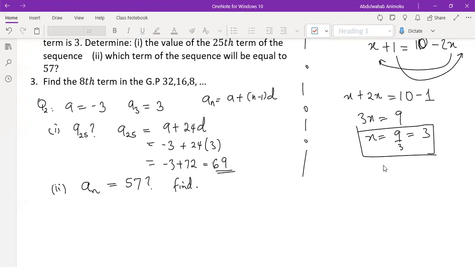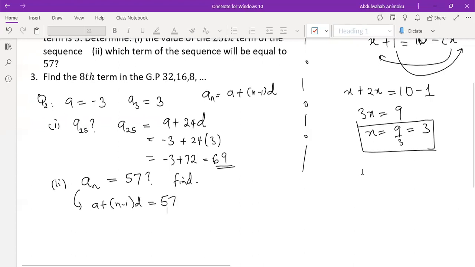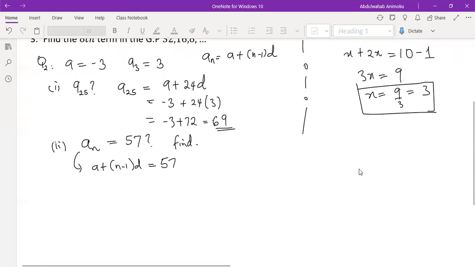Whatever n we find tells us which term it is; if n is 7, for example, that means it is the seventh term of the sequence that is 57. So let's find this. We go with the formula again: an, which is a plus (n minus 1)d, is equal to 57. We know a is minus 3. We are looking for n in this problem, and the common difference is given to us as what?